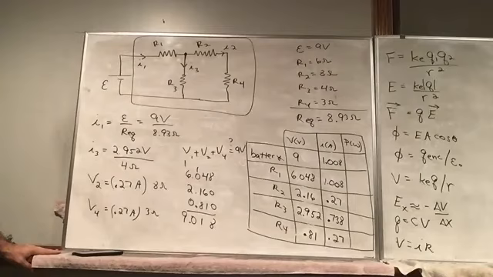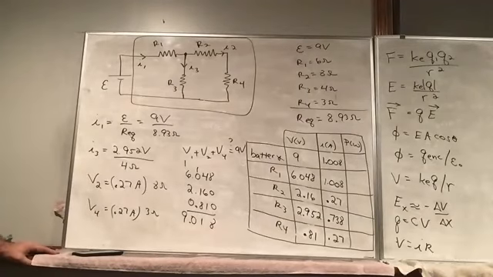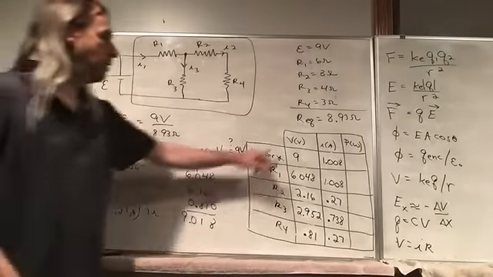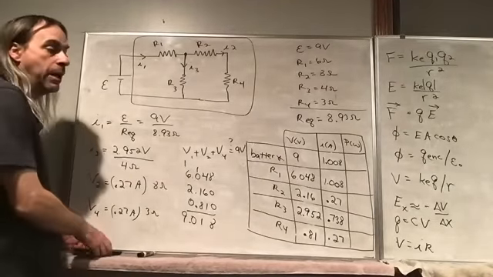That's a much better result than I had last time. So yeah, everything we did before was right. I just rounded off a bit too much early on. So it led to some significant questions about whether or not the loop rule and junction rule were holding up. But yeah, this checks out now.